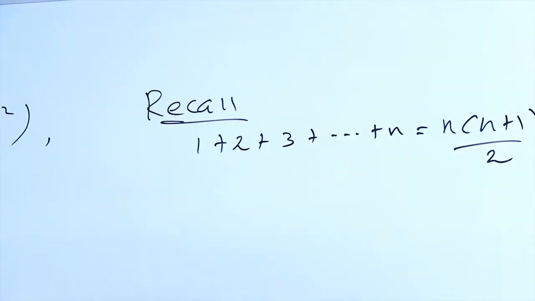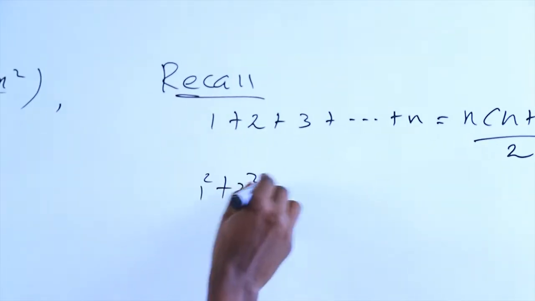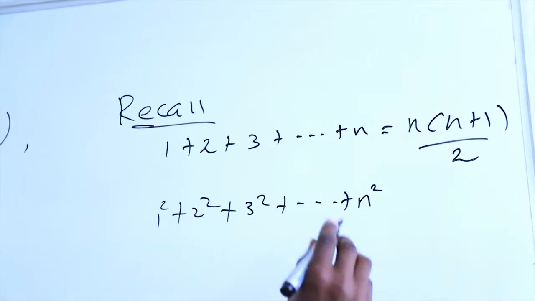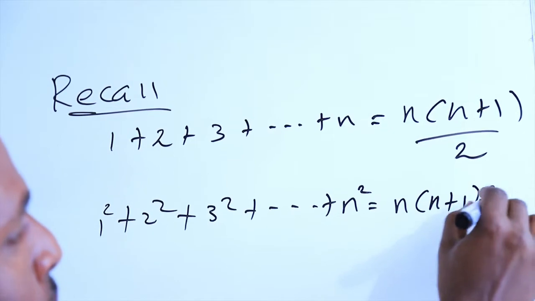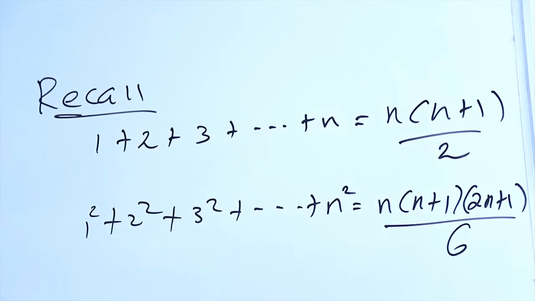We have seen this before. And again, 1 squared plus 2 squared plus 3 squared plus ... plus n squared is exactly equal to n into n plus 1 times 2n plus 1 over 6.